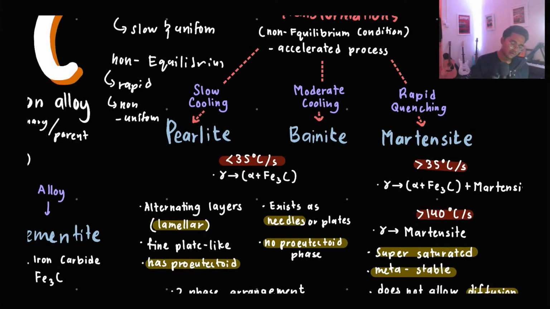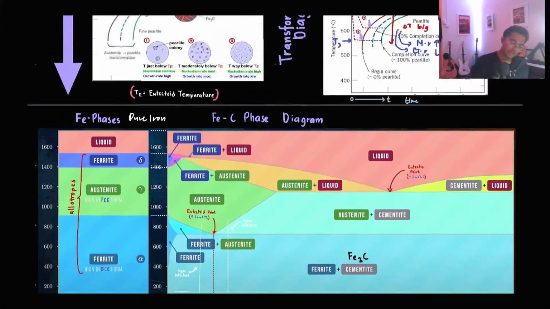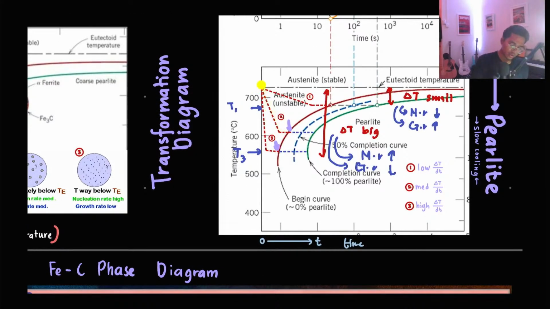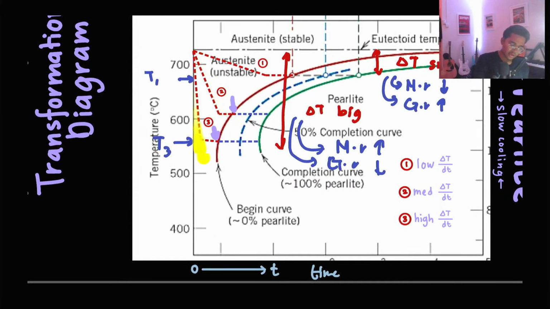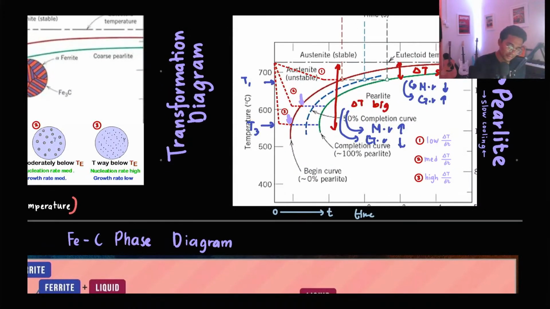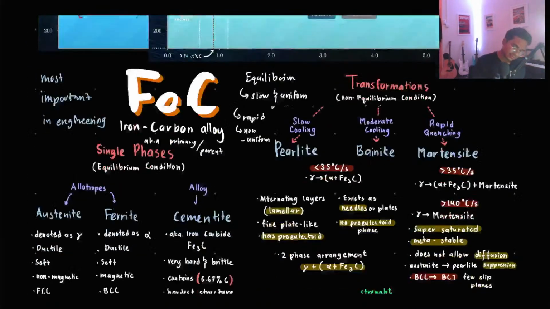Okay, so remember earlier I said about the cooling rates, different cooling rates. So the different cooling rates here produces perlite. So what happens if we take it to the next level? It means that we cool it much more drastically.